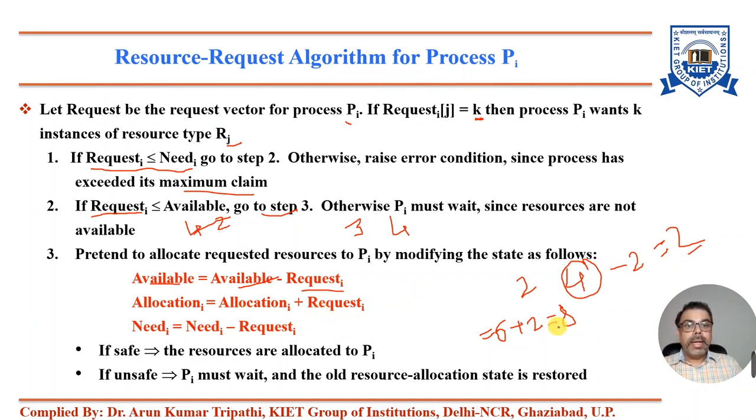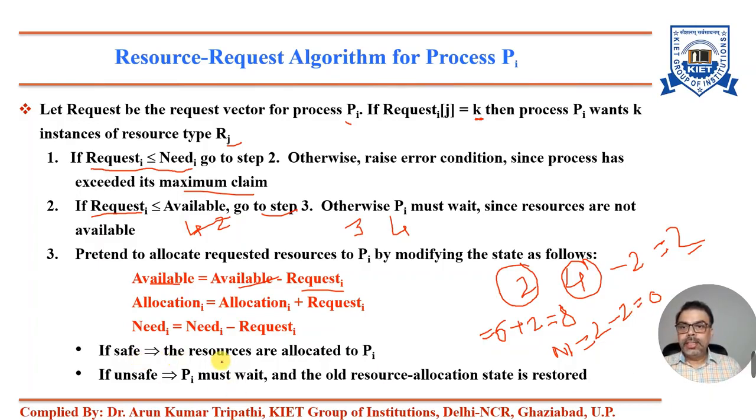My need was initially 2. So need is equal to 2 minus 2, since I requested 2 and 2 are allocated to me. So my need will be 0. By this we can calculate the data structures available, allocation and need.